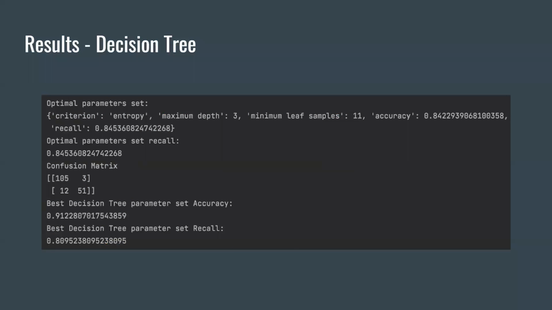On the top here, we can see the optimal parameters that we got from running the model. We use entropy, maximum depth of 3, and minimum leaf samples of 11. This is our optimal set. And below, the confusion matrix, accuracy, and recall are what we get from our test data and our predictions.